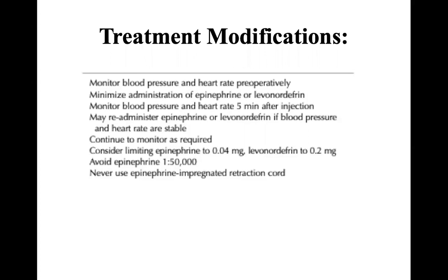You may re-administer the vasoconstrictor if blood pressure and heart rate are stable. It's important to continue to monitor as required and consider limiting the vasoconstrictor to 0.04 milligrams for epinephrine, avoid the high concentration formulations, and never use epinephrine impregnated retraction cord.